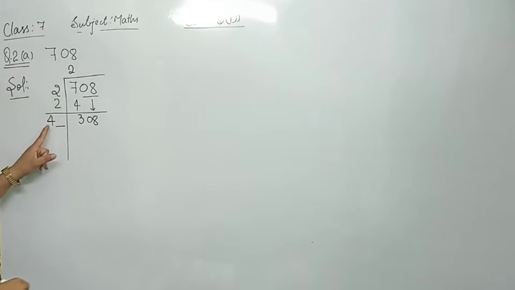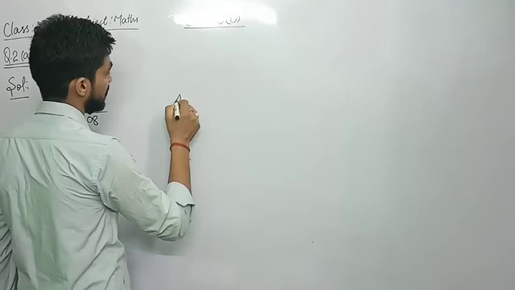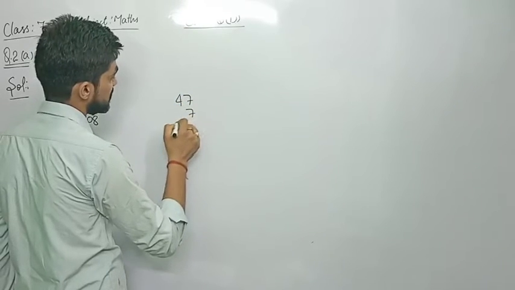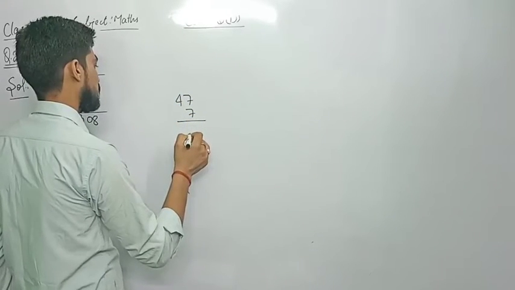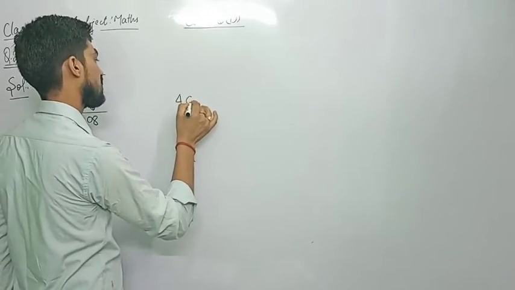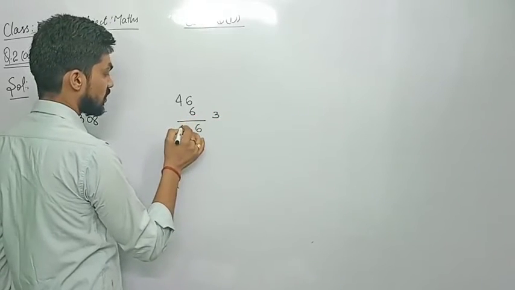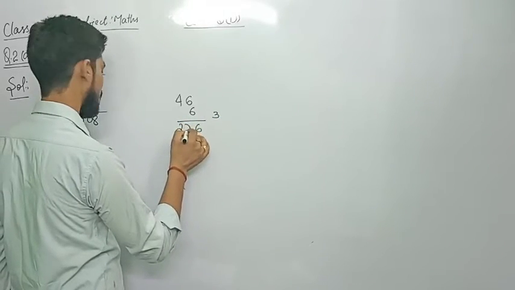If you take 4 7s are 28. If I take 7, let us see what I will get. No, 7 will be more. Let me take 6. 6 6s are 36. 6 4s are 24 and 3, 27.